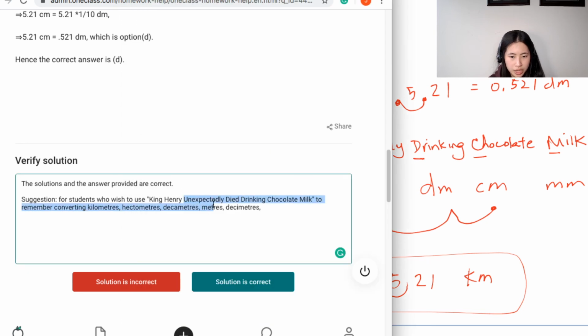So King Henry died unexpectedly. Okay, now it's right. Kilometers, hectometers, decameters, meters, decimeters, then centimeters, and millimeters, respectively, in order.